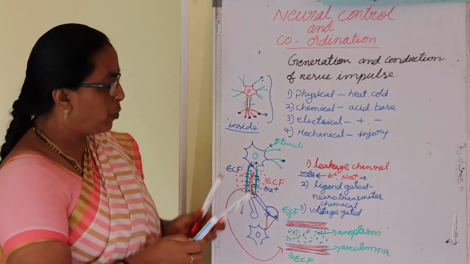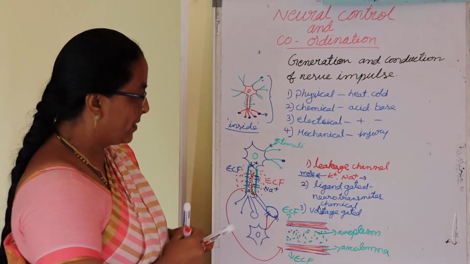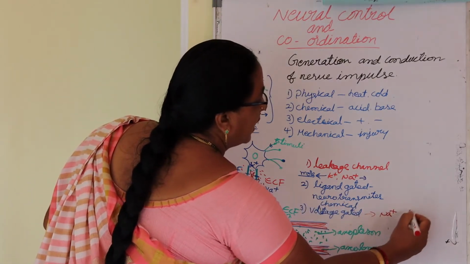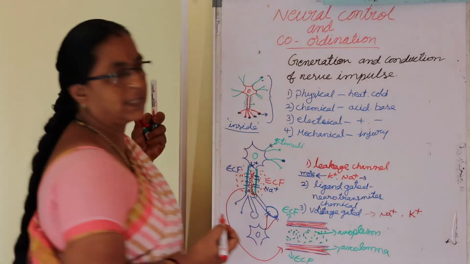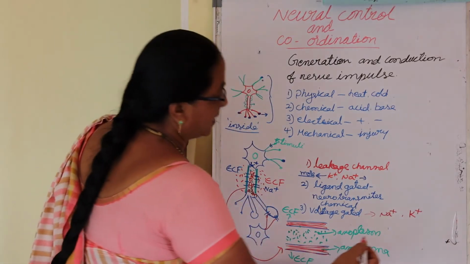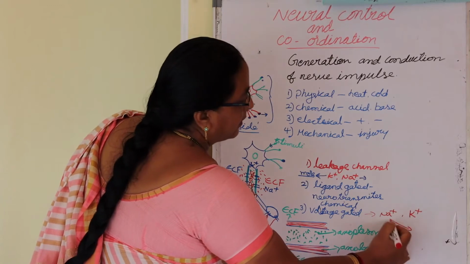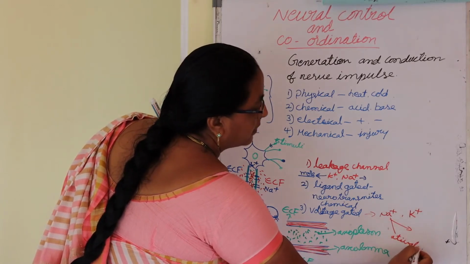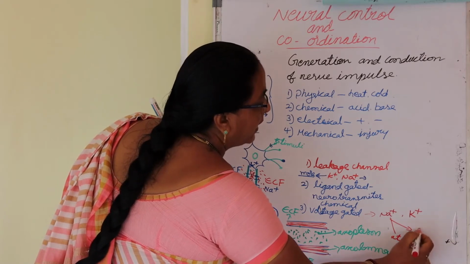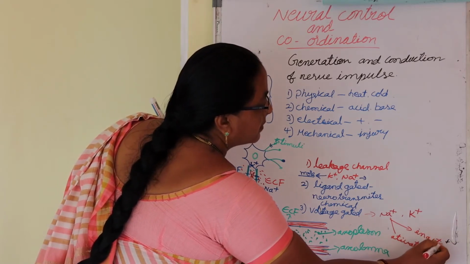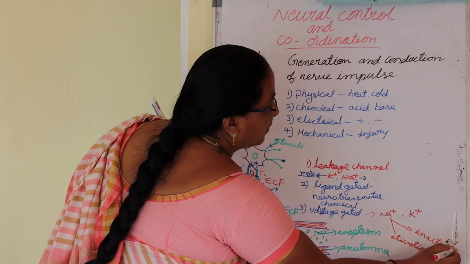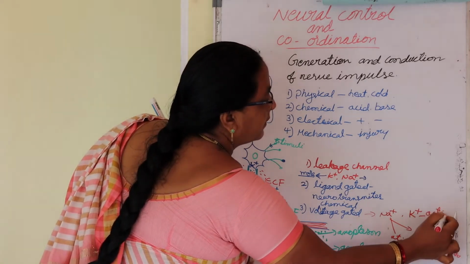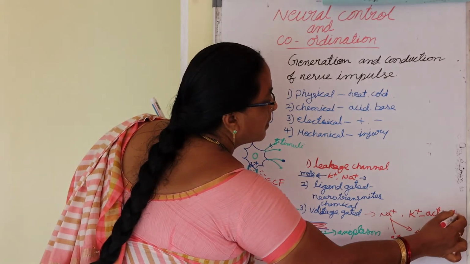So there are two types of channels. One is Na plus and K plus. Na plus channels again have an activation channel and an inactivation channel, and K plus has only an activation channel.